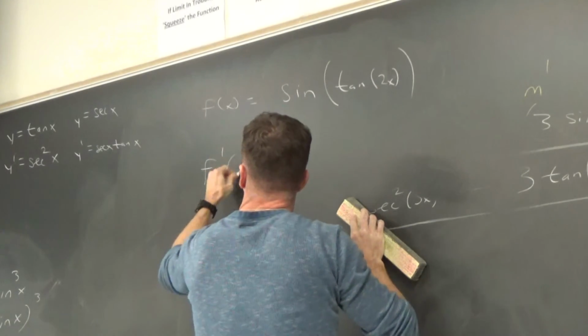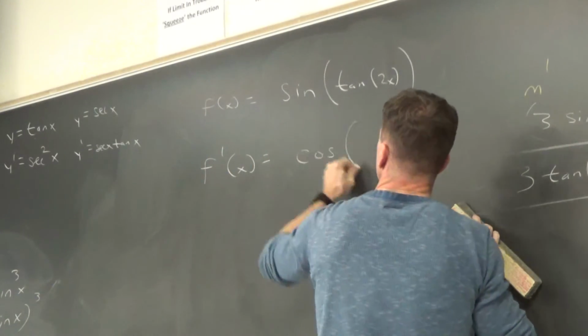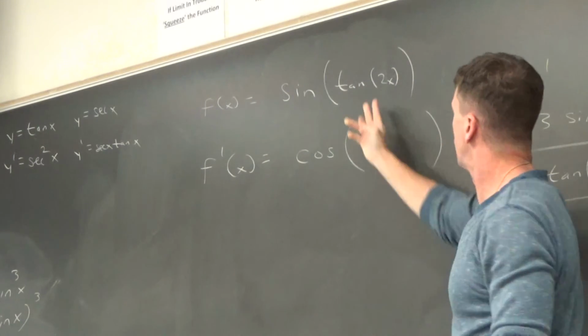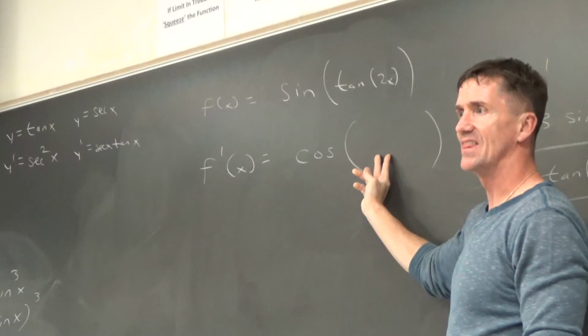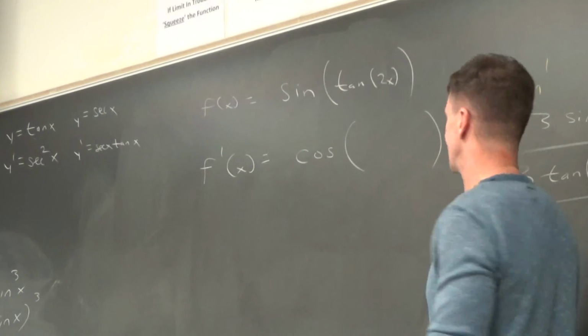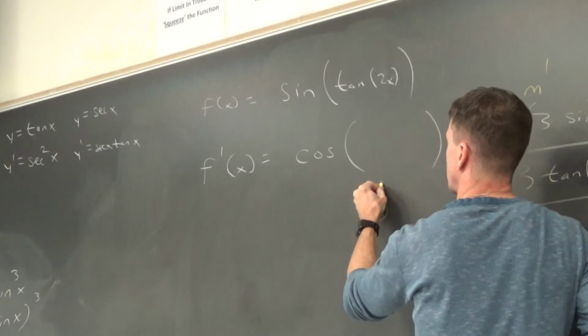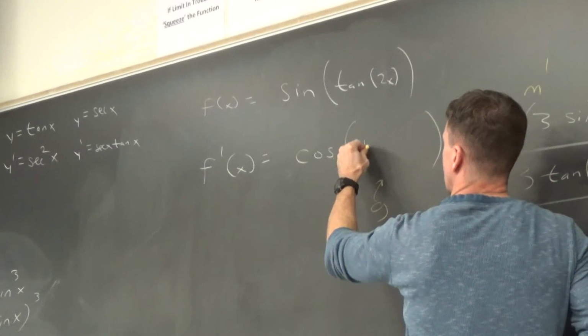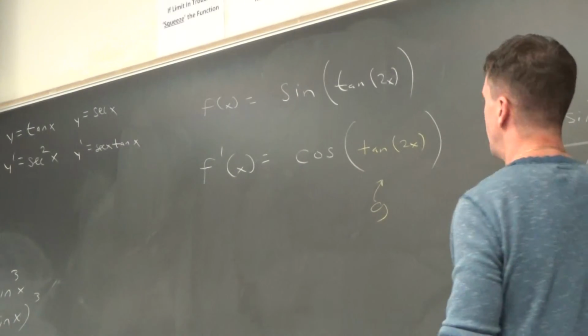F prime would be cosine of tan of 2x. I'll put my g in, and then I'll do g prime. I'm going to put your g back in. Stick it back in there. Tan of 2x.